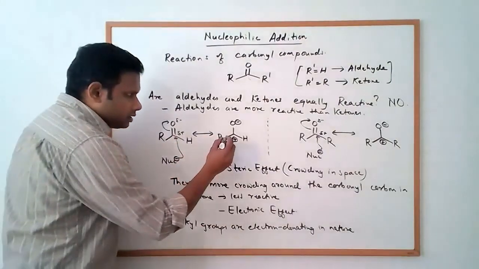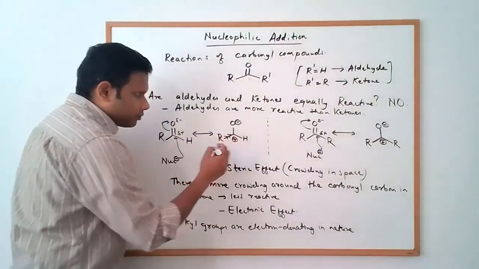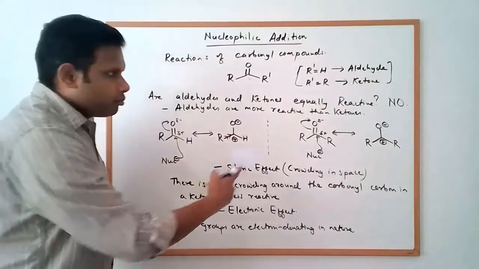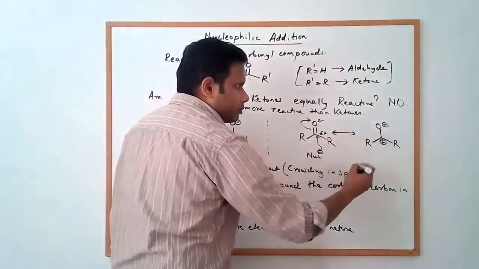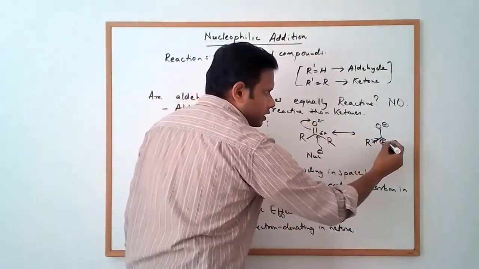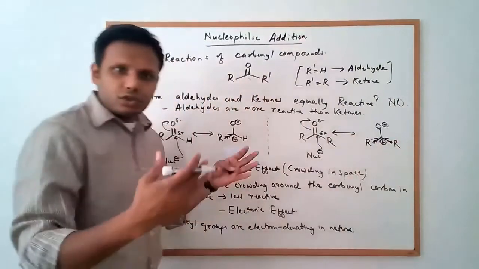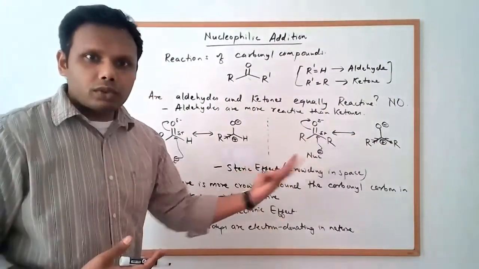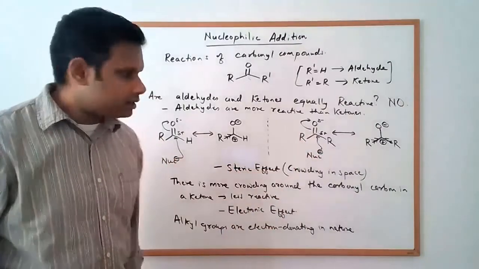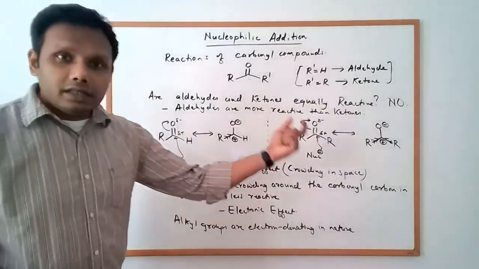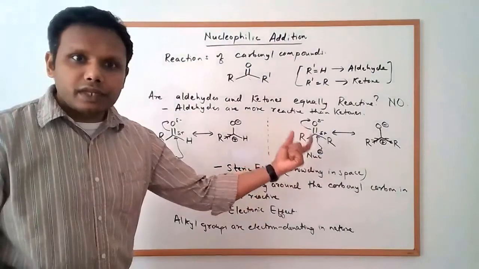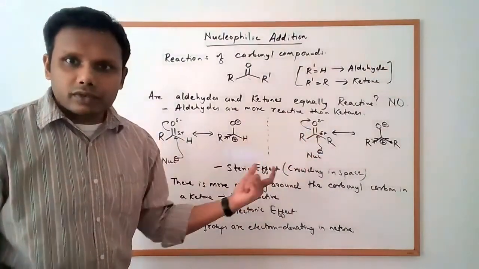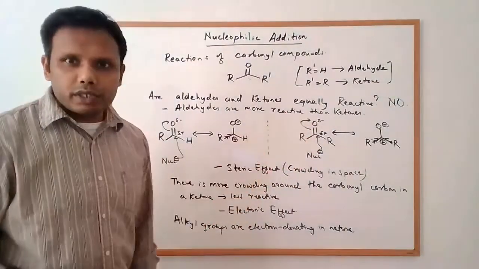And so since the carbonyl carbon in an aldehyde is connected to only one R group, it is getting some electron density from this alkyl group. But the carbonyl carbon in the ketone is getting electron density from two R groups. So could be twice as much if they're both equal or if they're both identical. Okay, so that diminishes the electrophilic nature or the electrophilic character of the carbonyl carbon.